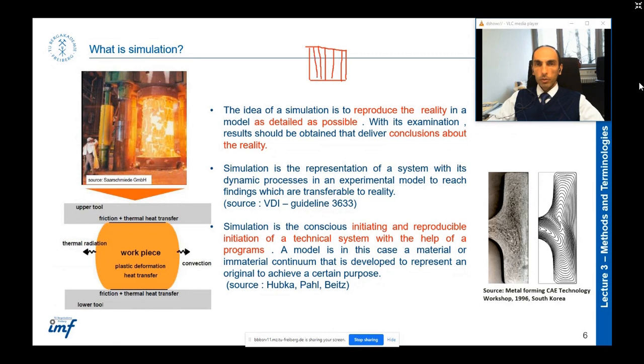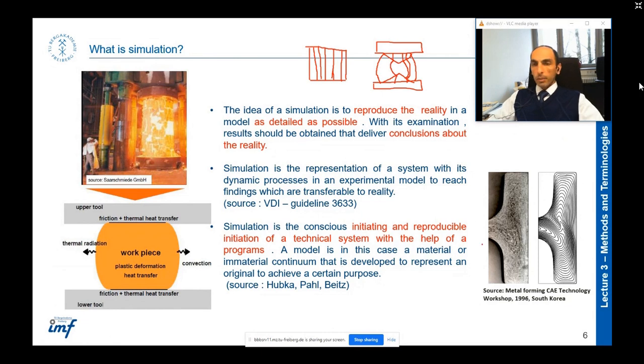The lines should be straight. It's not easy to draw well. After upsetting and deformation, you have a dead metal zone here, for example, and here by the upper and lower die. If you check the metal flow lines, they are not changed too much here, but here it's like this, and again straight, and also for the second one, like this.